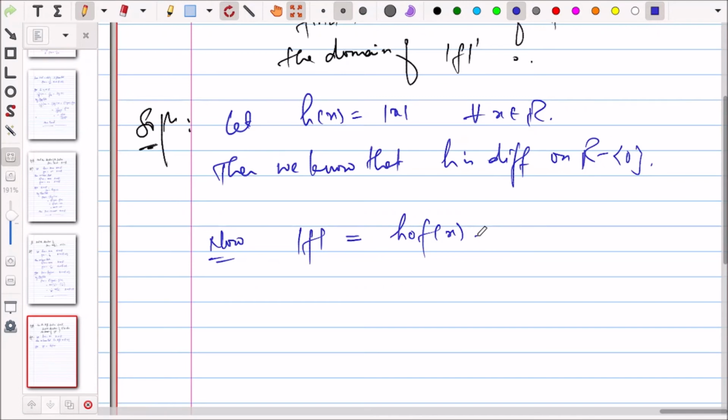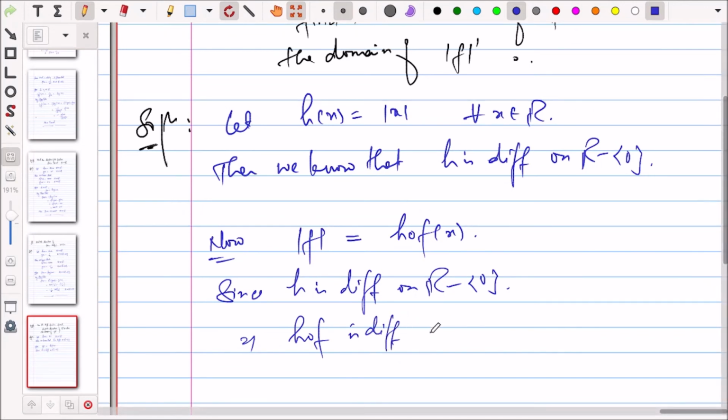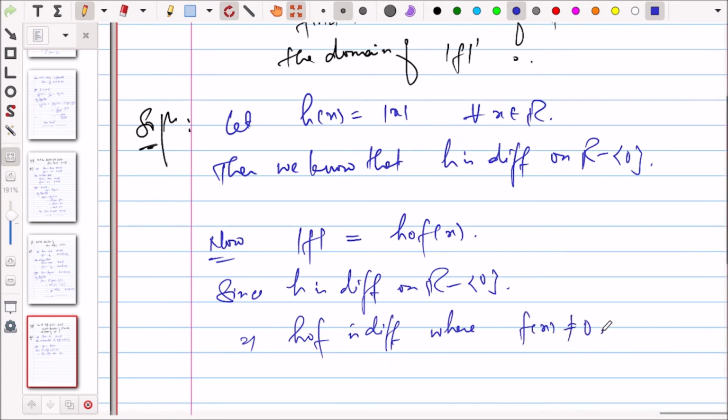So by chain rule कहाँ पे mod f differentiable होगा, since h is differentiable on R minus 0, so this implies h of f is differentiable whenever fx is not equal to 0, right?